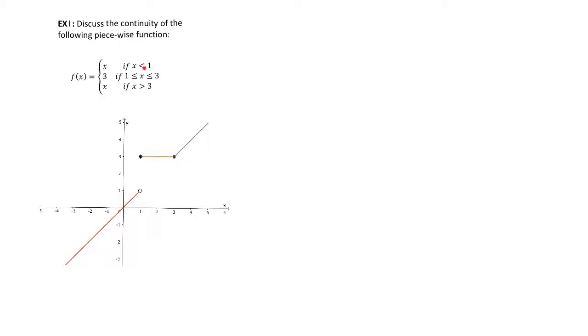But because we are not including 1 for the line, we have an open circle. Then when x is between 1 and 3, including 1 and 3, we're sketching the horizontal line 3, the constant function. And then we stop that at 3. After 3, when x is bigger than 3, we go back to the line. And in fact, I should put an arrow above over here. So that's the graph of f of x.